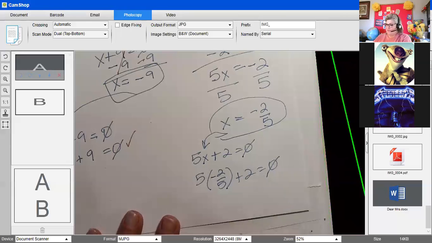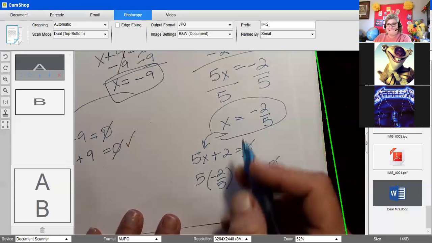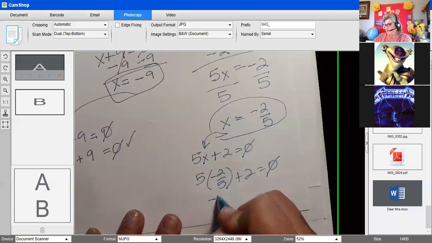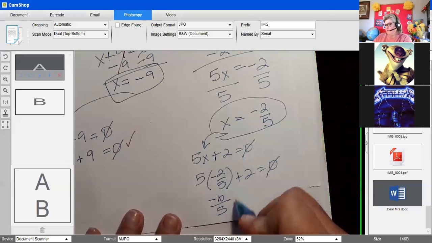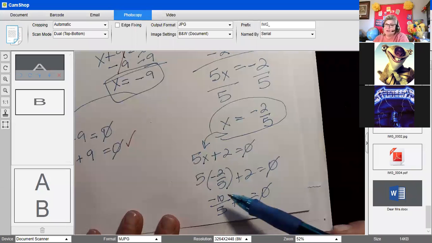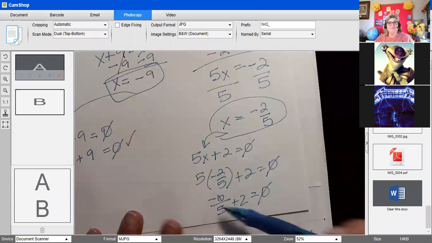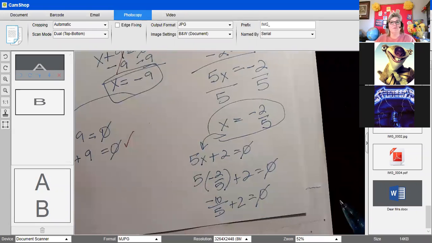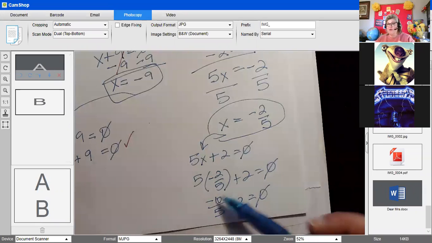Yeah, it's negative 10. Negative 10 over 5 plus 2 is equal to 0. And then what is negative 10 divided by 5? How many 5s are in 10? 2, because 5 plus 5 equals 10. Yeah, so there's 2, and it's a negative divided by a positive.